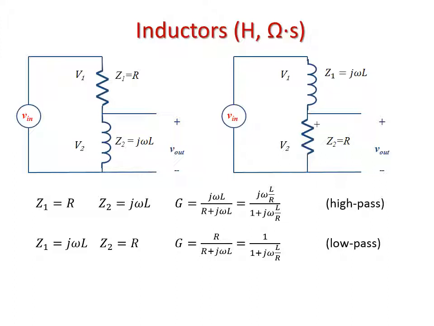The first equation corresponds to the left-hand diagram, and the second equation corresponds to the right-hand diagram. The first one is a high-pass filter for an inductor, and the second one is a low-pass filter for an inductor. And so finally, we can substitute out to find our omega c and our cutoff frequency. And those are going to be defined by the two equations at the bottom.